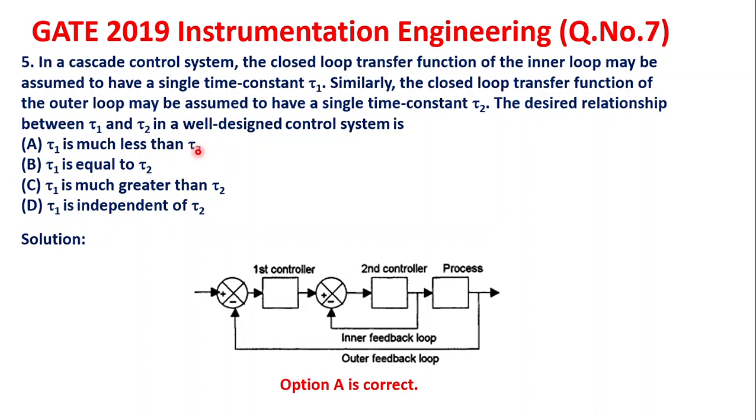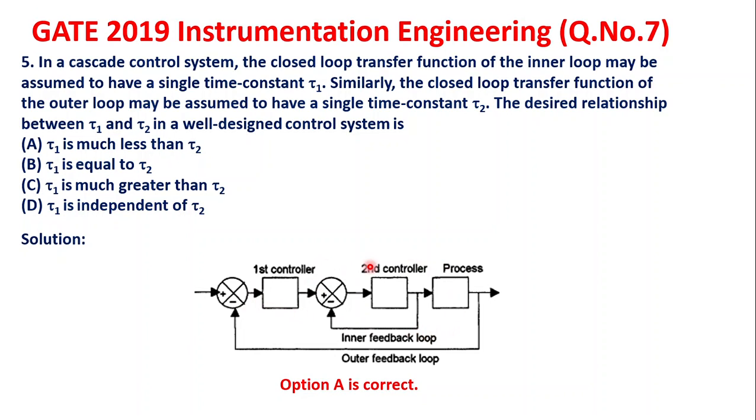If we want to answer this question, first of all, we have to draw a cascade control system. This is a process and this is a controller, and this is the unity feedback. This is the input and this is the output. And in this stage, we have another controller, but this controller is present in the inner feedback loop.